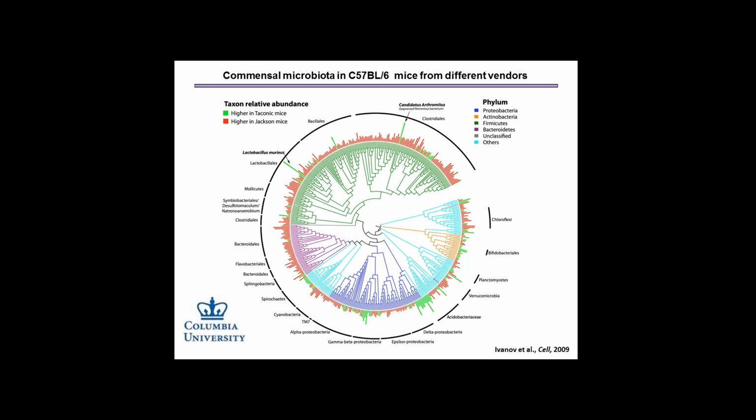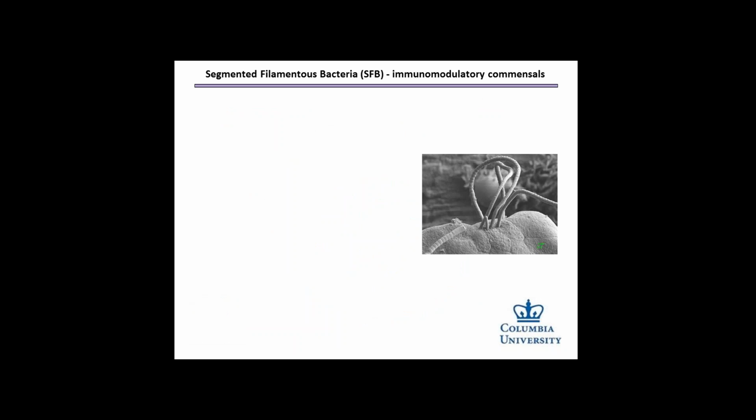And the top two candidates were Lactobacillus murinus and this species Candidatus arthromitus. We had already tested Lactobacillus murinus in our monocolonization experiment, so we could eliminate that as a possibility. And so we focused on this Candidatus arthromitus, or segmented filamentous bacteria.